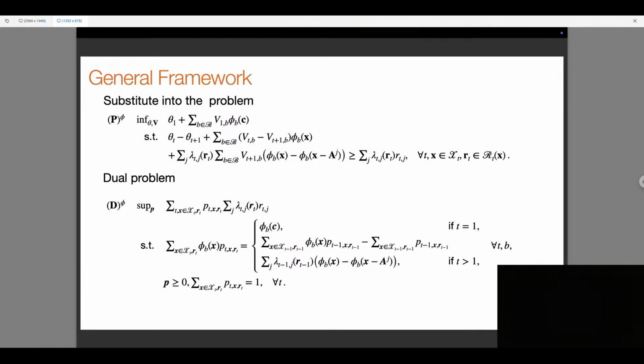And if we substitute into the problem, we will get this P-phi function. Here we can notice that there are infinite constraints in this problem, and it is quite impossible to solve this problem with commercial solvers.